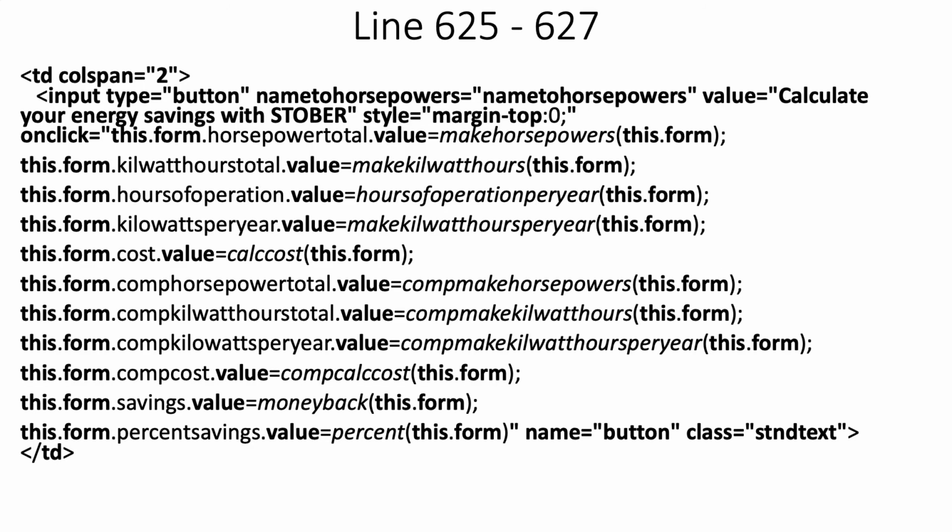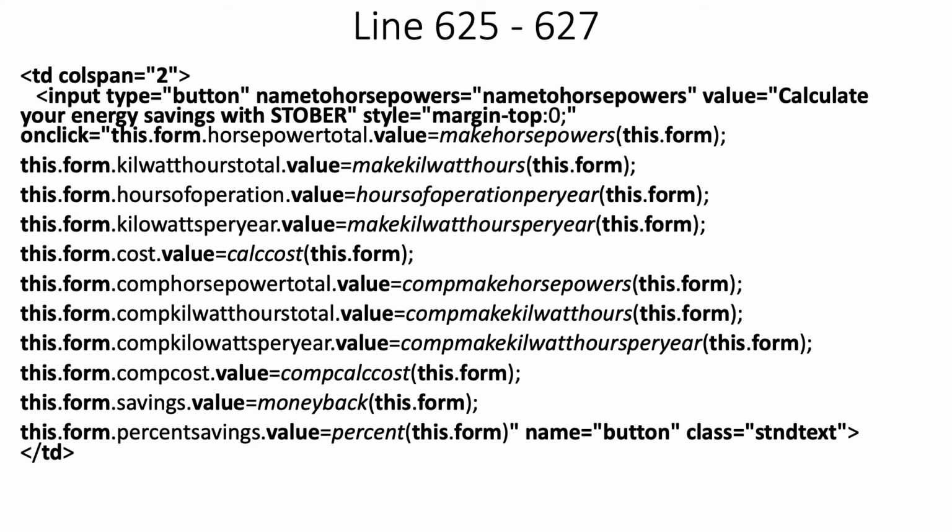If you downloaded the file and then look at it, at lines 625 to 627, you're going to see this. Now, in fact, this is line 625 and this is line 627, and all of this is line 626. I put these carriage returns in so that it was more readable, particularly in a PowerPoint presentation.